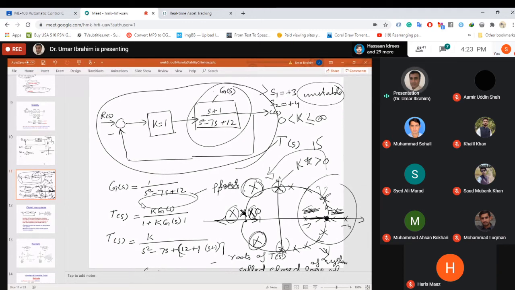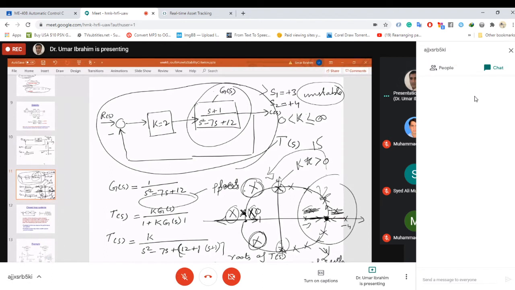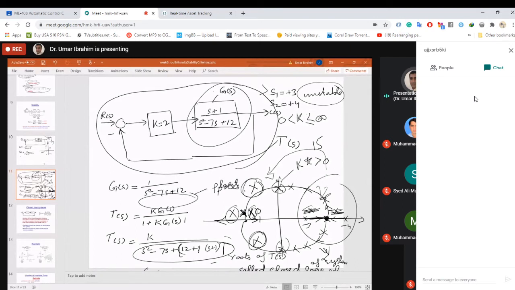If the closed loop poles are in the right half plane, then for that value of K the system is unstable. Then you increase the value of K to, let's suppose, 2 or 1.1 or 1.01 or whatever. You keep on increasing the value of K and calculating the roots.